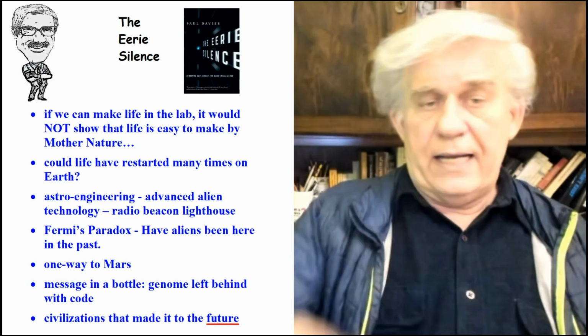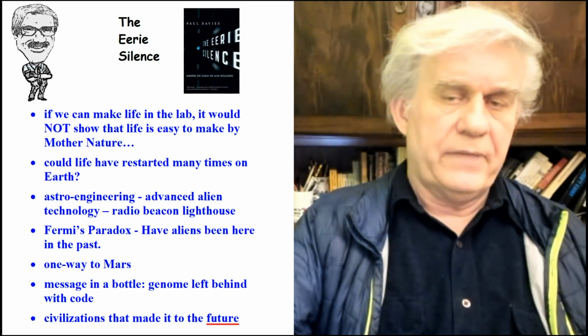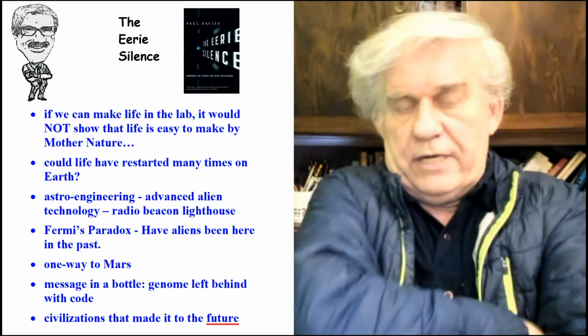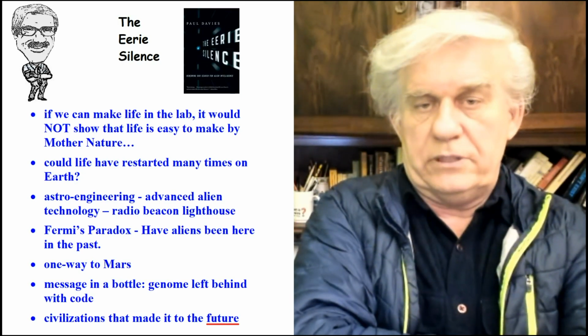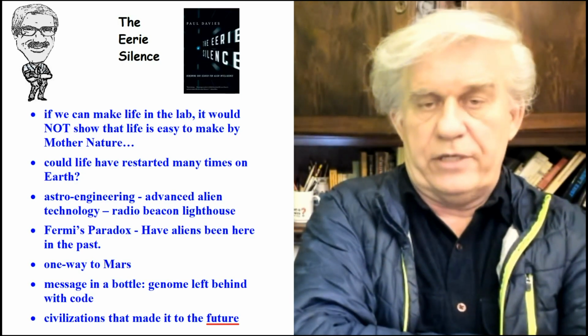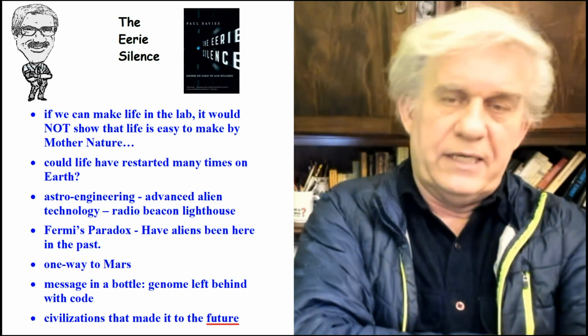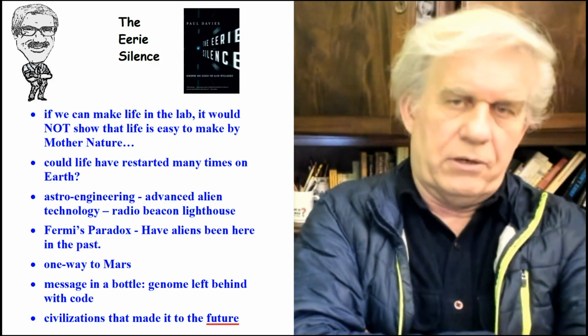He asked, could life have restarted many times on Earth? And this is an interesting point, because conceivably, as far as we know, we trace life here on Earth, at least the crawling life, the one in the seas and upwards, to the Cambrian, Precambrian. You're talking about 600 million years ago.